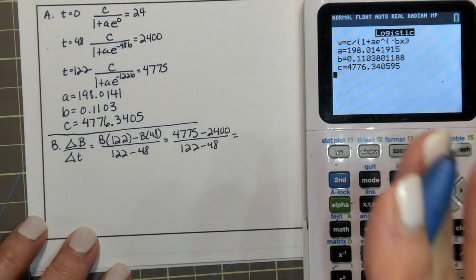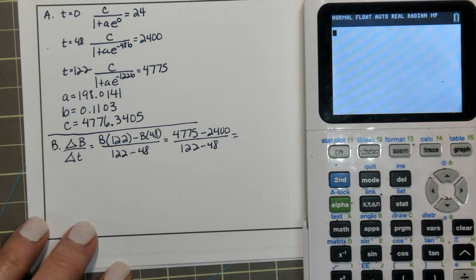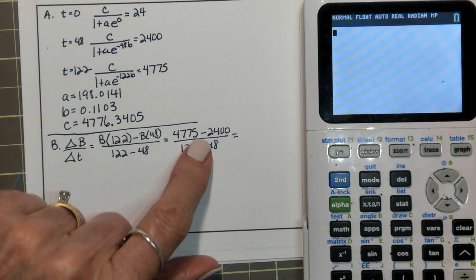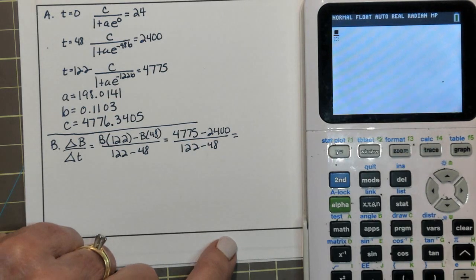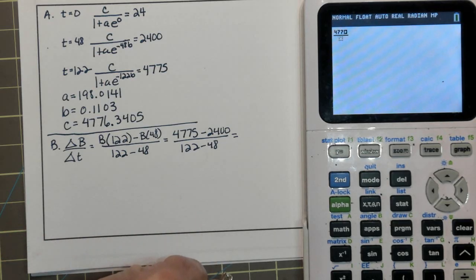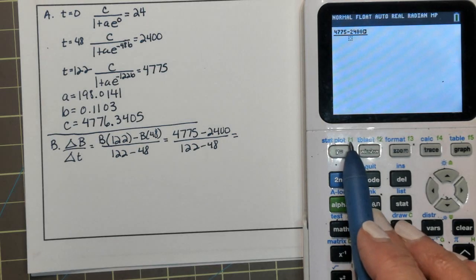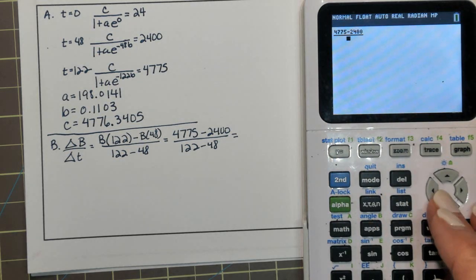So I just put it back real quickly. So now it's back. Good. I'm going to second quit, and I'm going to type this in. So it's a fraction. I might use my fraction template or use parentheses around top and bottom. 4775 minus 2400. By the way, the fraction template is here under F1. So alpha F1 always gets you that fraction template.